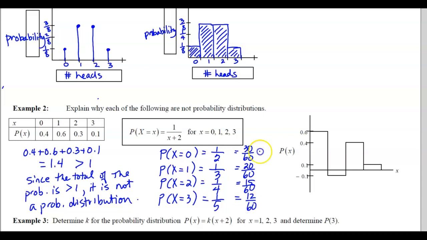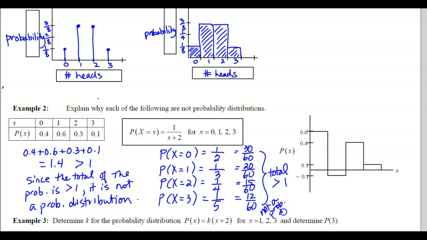So the total is greater than 1, same reason as the first one. So, not a probability distribution.